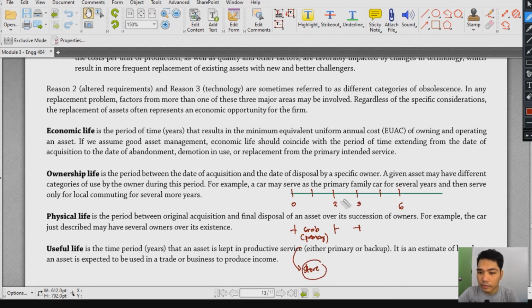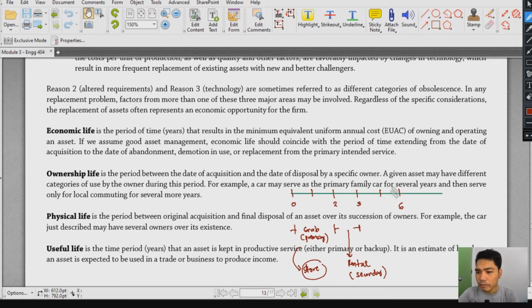So dito na sila kumukuha ngayon ng primary income. But then again, since sayang naman yung bili nila dito sa kanilang car, they were just having this as a rental service. So syempre pag rental, it's not your major income, it's more of your secondary income na lang. But still, they were able to utilize its capacity for producing income, diba?